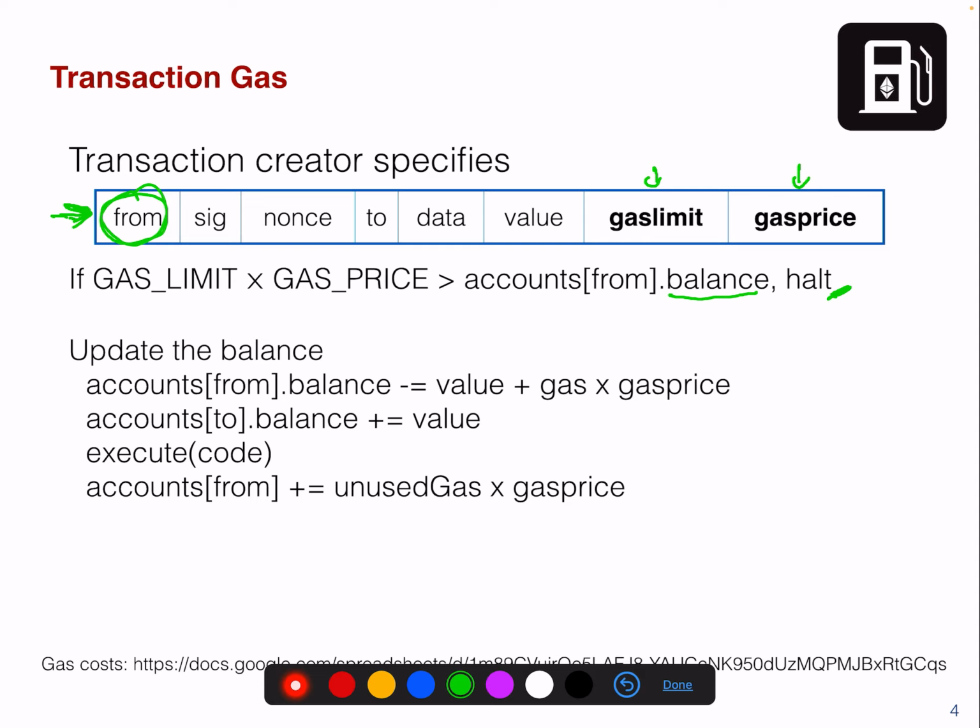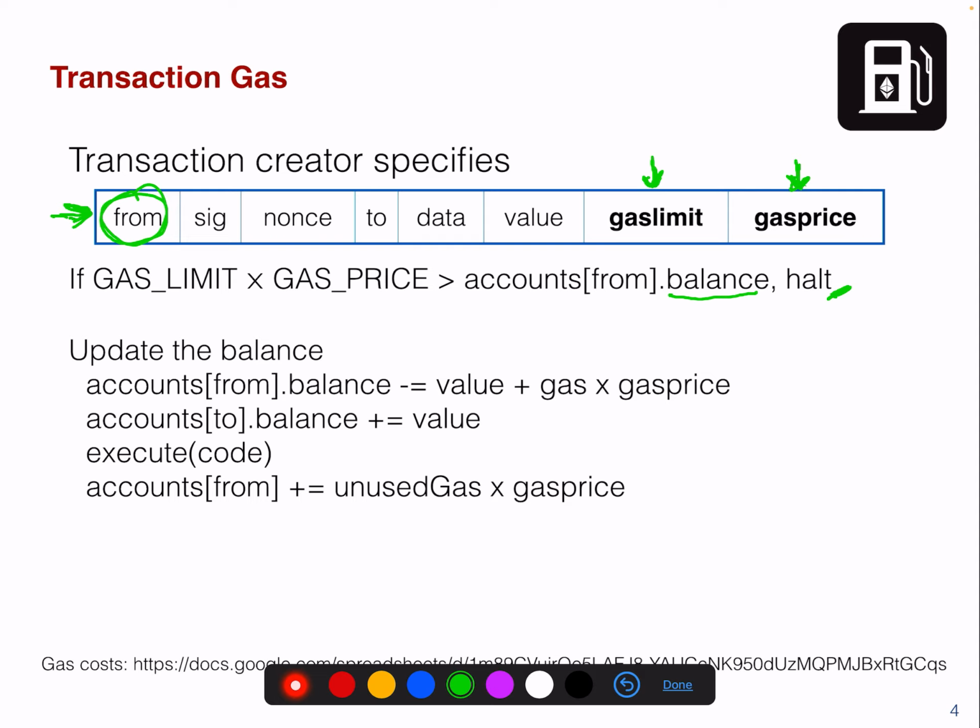This basically means that the account would not be able to pay gas limit times gas price. Which makes sense: if it's not able to pay that, then the transaction is invalid by default. Otherwise, the balance of the account is updated on an ongoing basis.